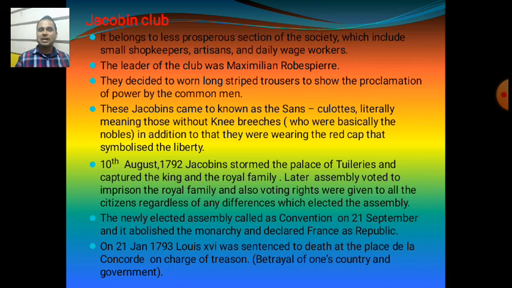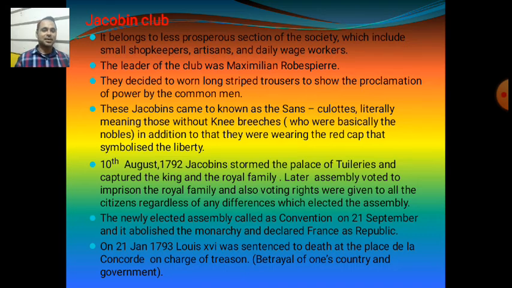The Jacobins came to be known as sans-culottes, which literally means those without knee breeches, who were basically the nobles. In addition, they wore the red cap that symbolizes liberty and freedom.